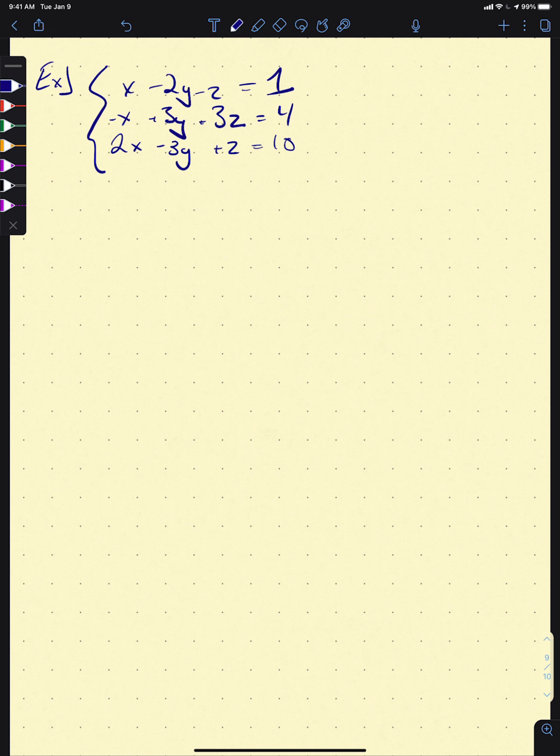We have three equations in three variables. And here's what our actual goal is going to be in solving these. We want to transform it, and we'll build up the methods for how to do this, to something that looks more like this. Our first equation stays the same.